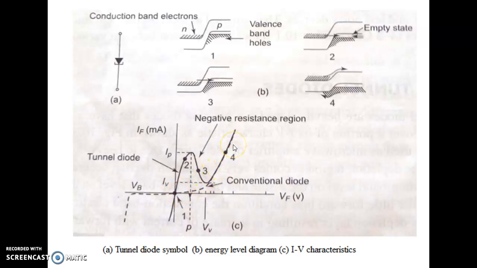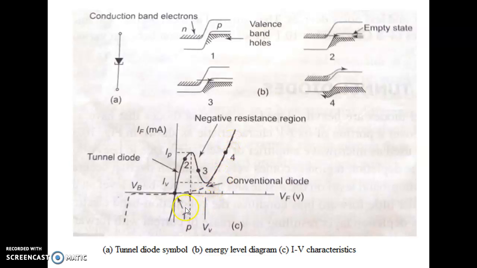If you look at this and try to correlate it with the normal diode characteristics, it will be like this, right? This is the characteristic of a normal or conventional PN junction diode.